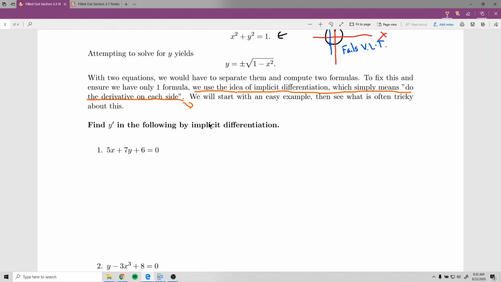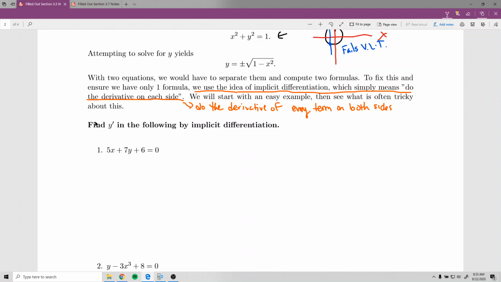And I like to think of it even more straightforward as do the derivative of every term on both sides. Okay, right, now because we have two different letters here, you can see in this first one when we do the derivative of every term, we'll have to do the derivative of something with x and something with y. That's really the main new thing, is how do we do that correctly.